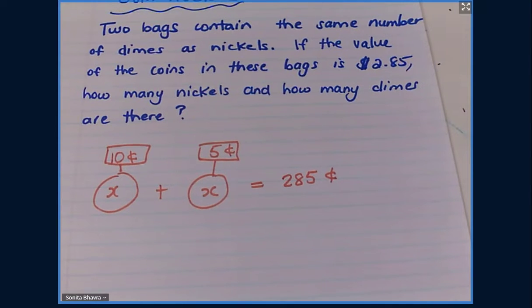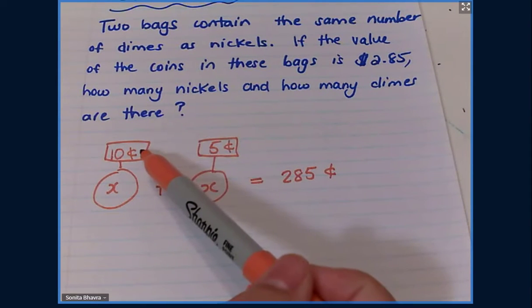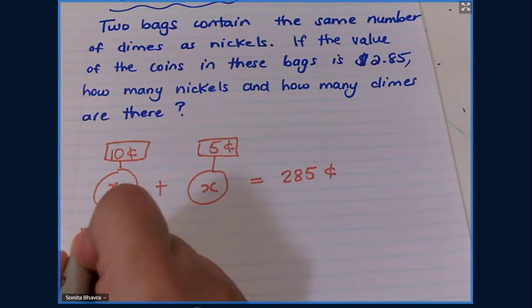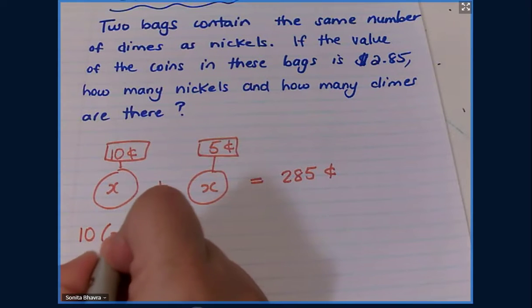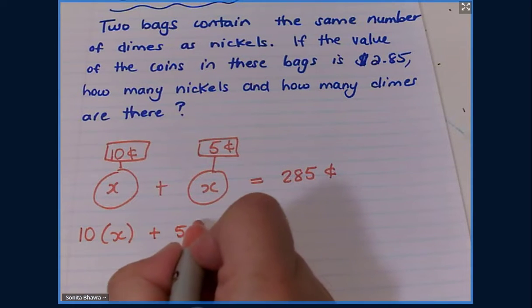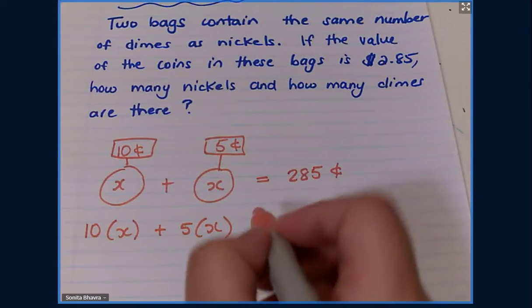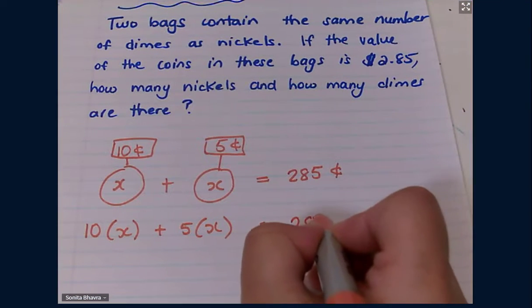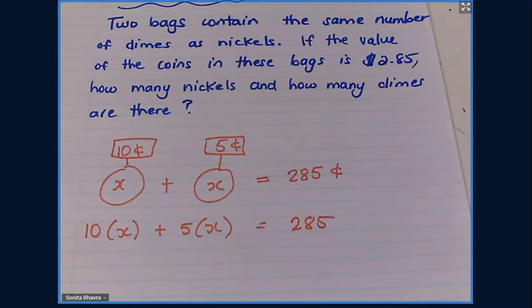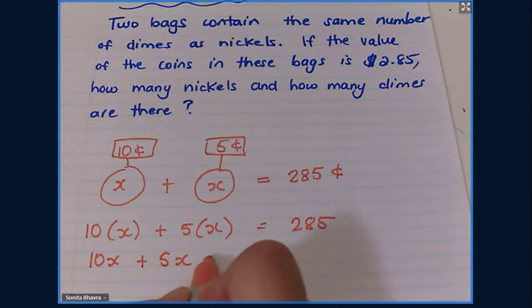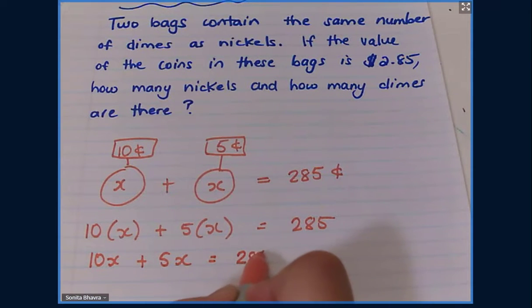And what we're going to do next is multiply the value, which is 10 cents, by the number, so it's going to be 10x. So 10 times x plus 5 times x is equal to 285. All right, so there is our equation. Multiplying that out, that becomes 10x plus 5x equals 285.